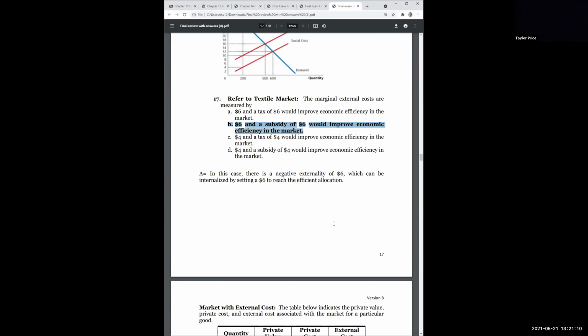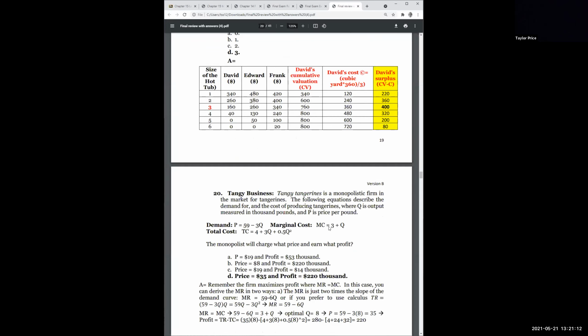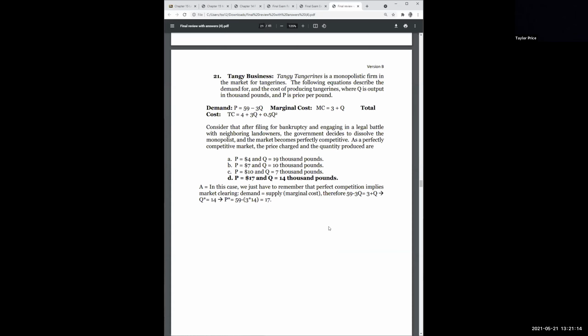Oh, and let's see, 21. Also, I have a question. Usually we don't get our grades until a few days later, but since everyone's mandated to take it at the same time, will we get our grades right when we submit it, or will we still wait a few days?